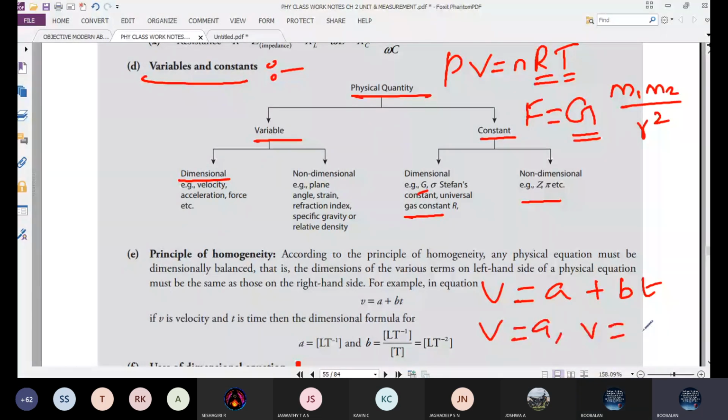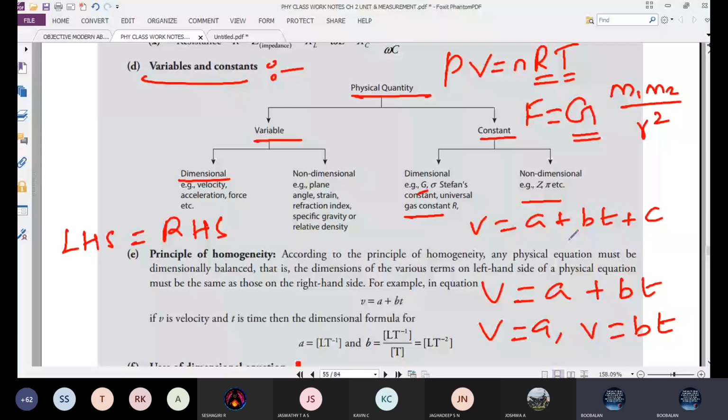LHS is equal to RHS. In case V is equal to A plus BT plus 3, it is there, and V equal to C also, LHS is equivalent to the RHS.